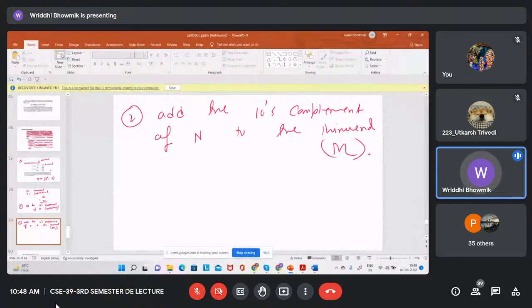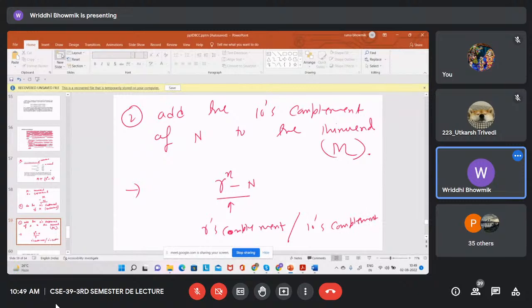So that is why the formula is R to the power small n minus capital N. So it is actually R's complement, or for the decimal system, it is the tens complement of the subtrahend. Now this tens complement will be added to the minuend. Okay, so this is the formula.